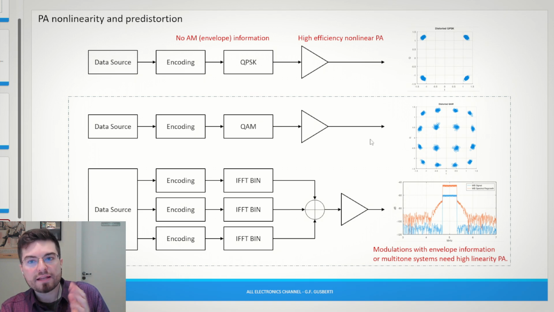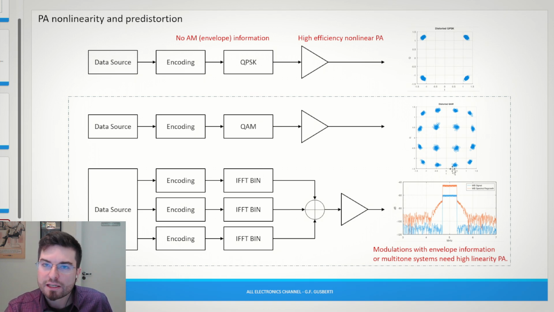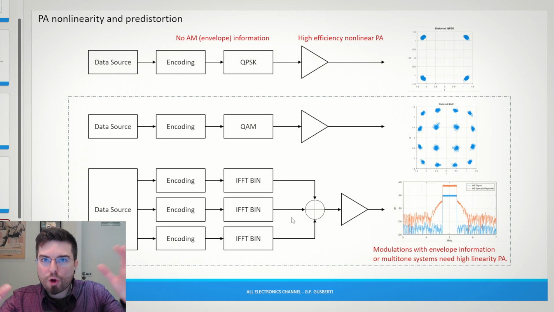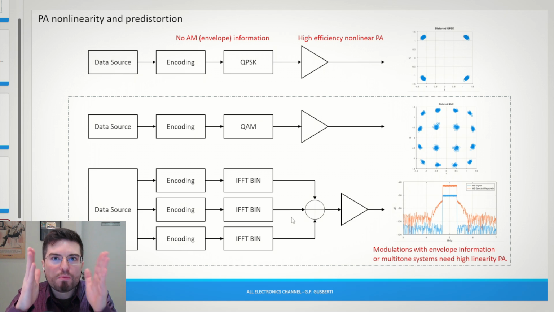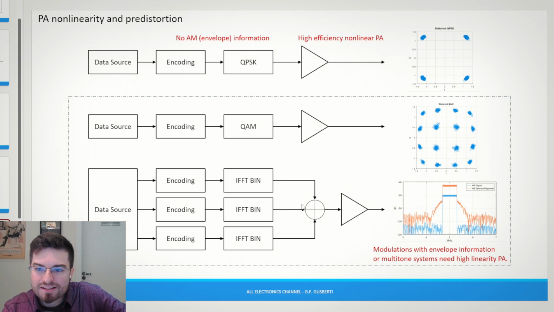And on the other side, modulations that are encoding the information using the amplitude also will have problems, like a QAM signal. And look at a multi-tone modulation like OFDM. We can decompose an OFDM signal as a lot of parallel modulators that are summing the signal together before the amplifier. So take a look at this, guys.